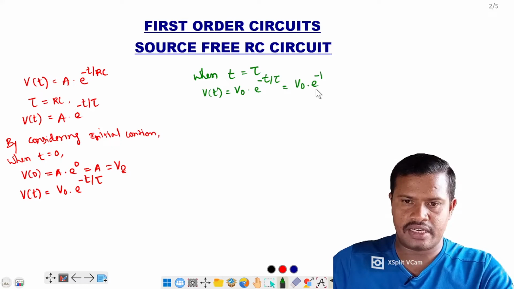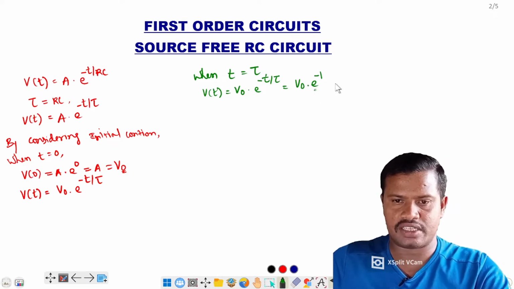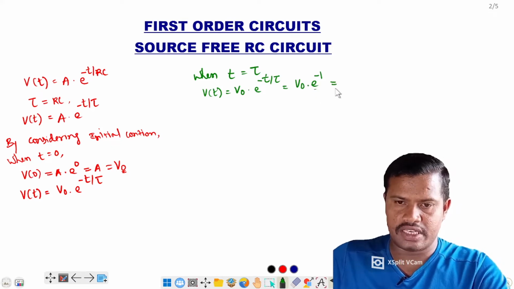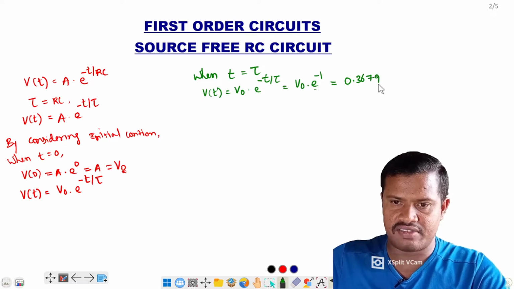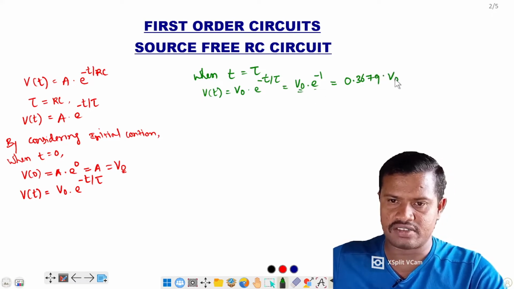As we know, the value of e to the power of minus 1 is 0.3679 times of this initial voltage, that is V0.